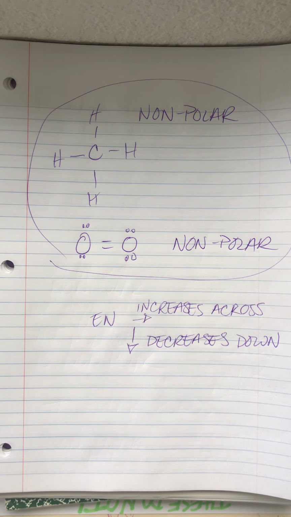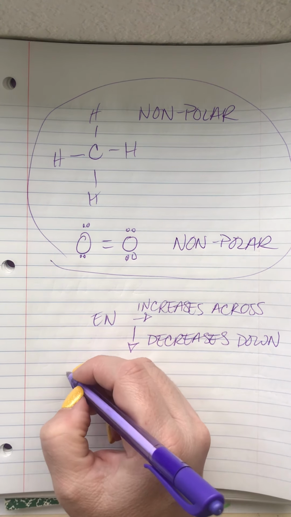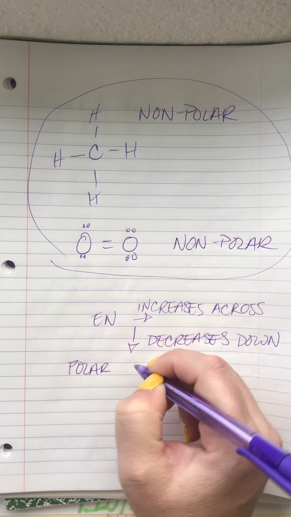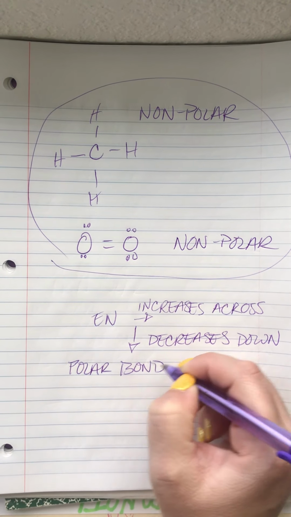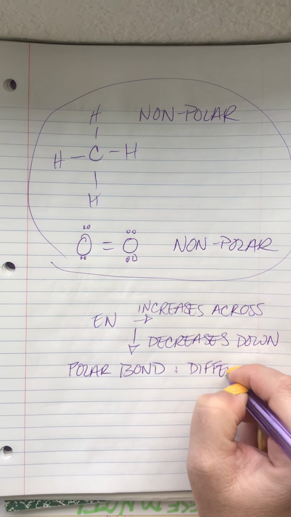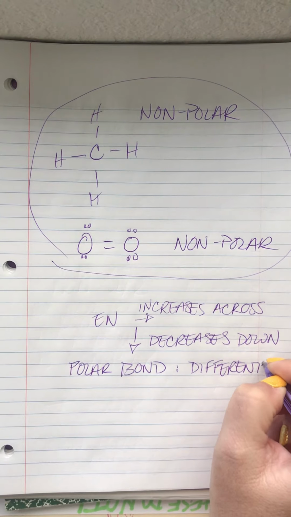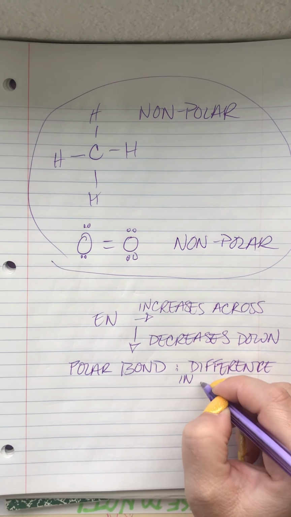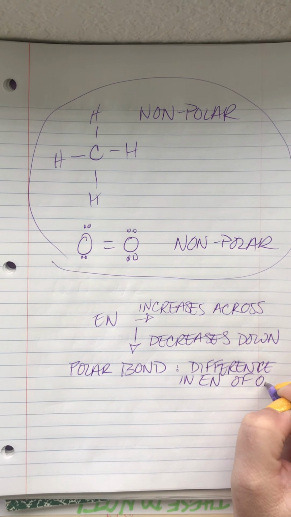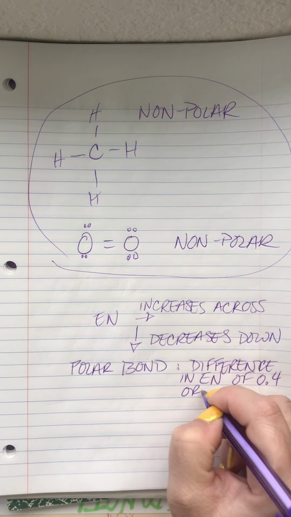If we go to the dynamic periodic table, there's also one in your textbook, right? But your technical rule for when you have a polar bond is any difference in electronegativity of 0.4 or greater.